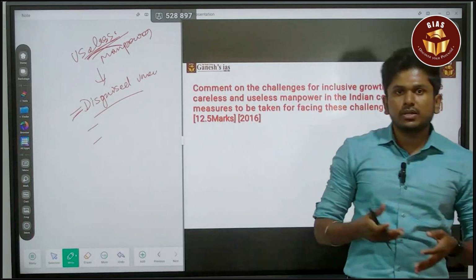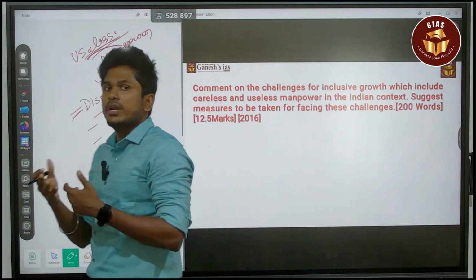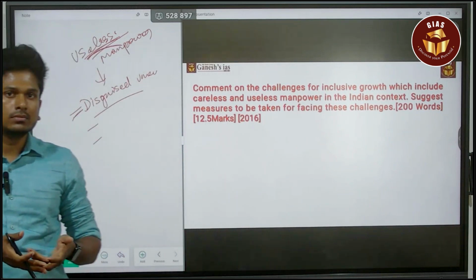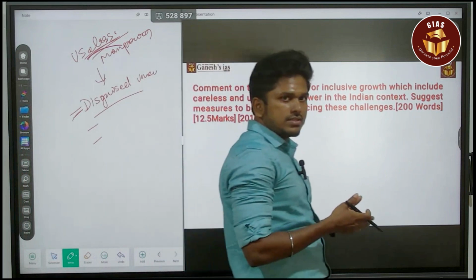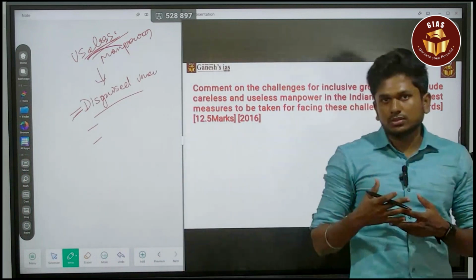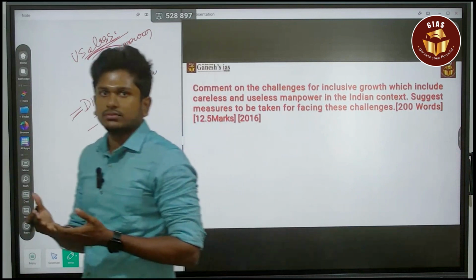There is open unemployment, which means they are not ready to get into any jobs. And also, due to lack of skills, many of the youth do not have the quality of employability.